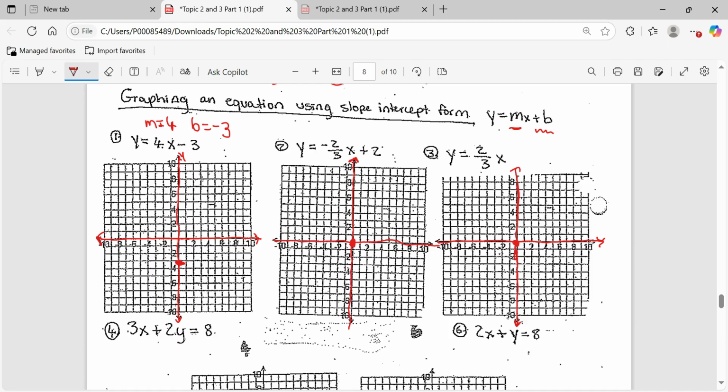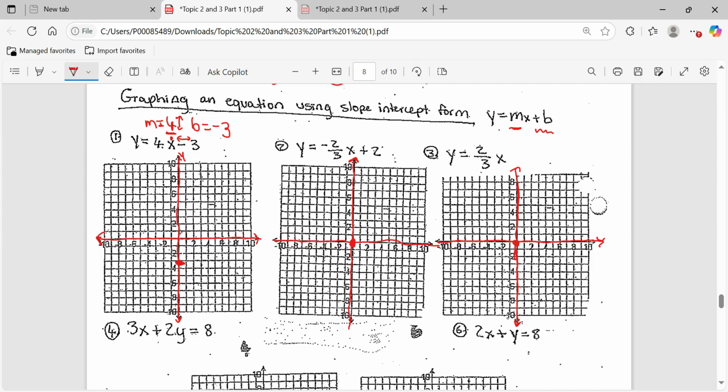From there, we're going to do the slope, which is 4, but that means I can rise and I can't run. Every whole number needs a denominator because I need to rise and run. So the top is how we go up or down, and the bottom number is how we go left or right, rise and run.